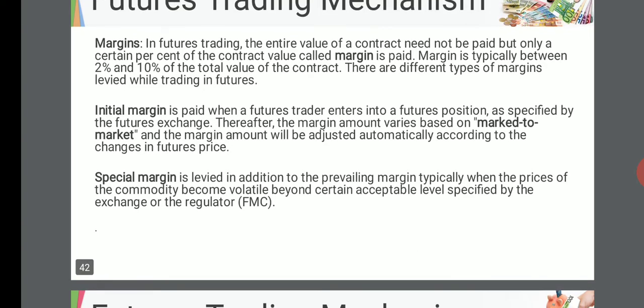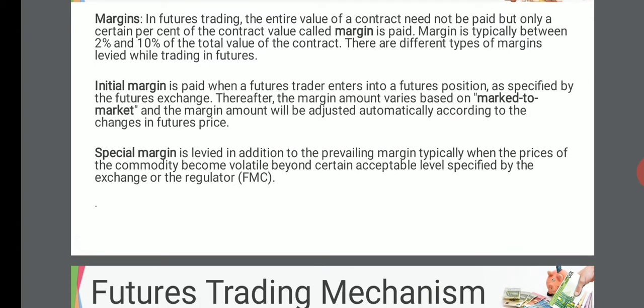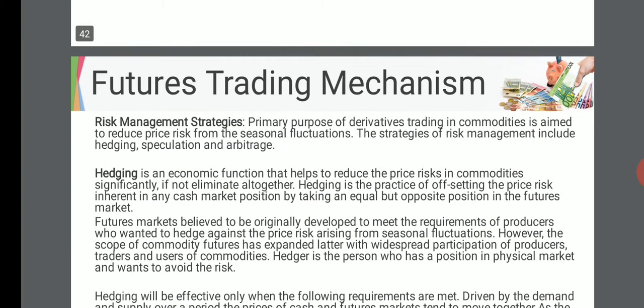Thereafter, the margin amount varies based on mark to market, and will be adjusted automatically according to the changes in the futures price. Special margin is levied in addition to the prevailing margin, typically when the price of the commodity becomes volatile beyond certain acceptable levels specified by the exchange or the regulator.